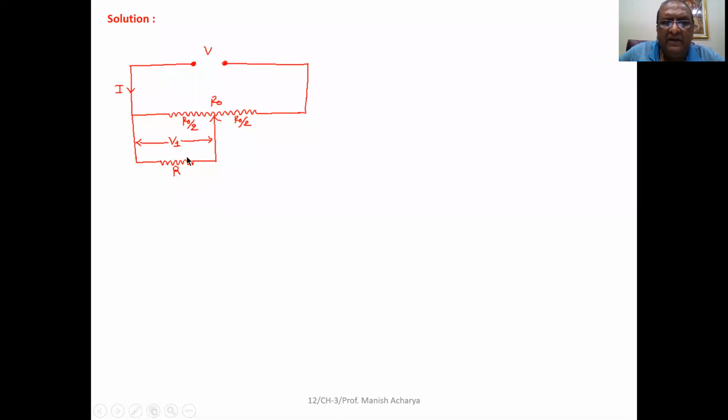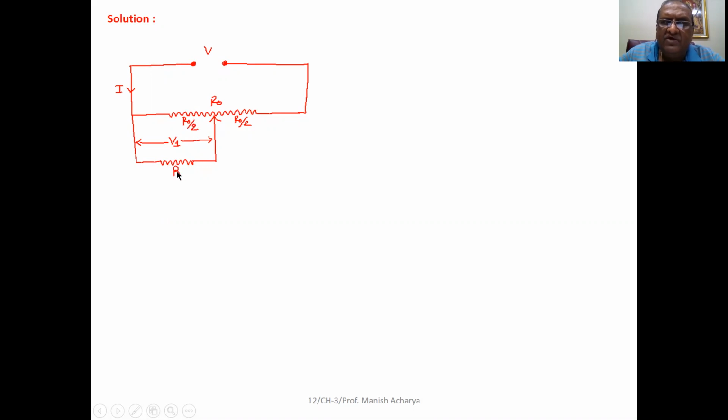Now see, here this resistance R0 by 2 and this resistance R are both parallel to each other. Now we want to find the potential difference across this resistance R.